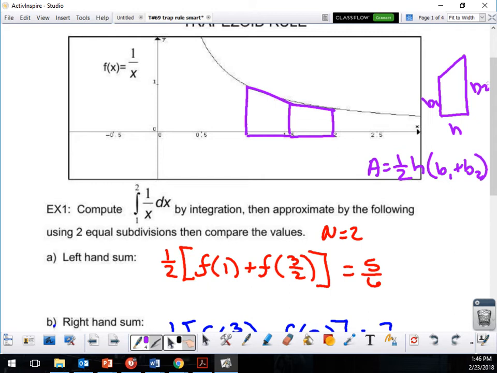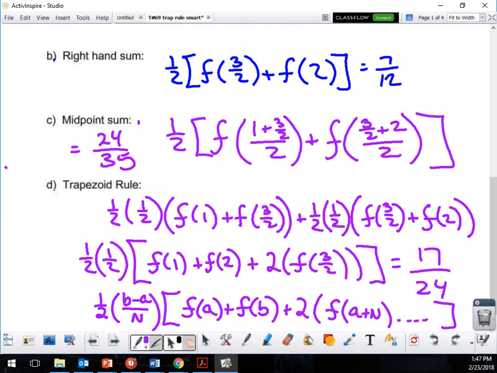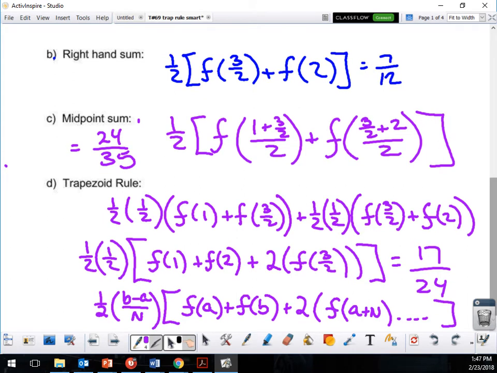We didn't start over here at 1/2. We started from my a value adding 1/2. So therefore it's my a plus my delta x. Let me rewrite that as delta x instead. 1/2 delta x. A plus my delta x. That makes more sense.